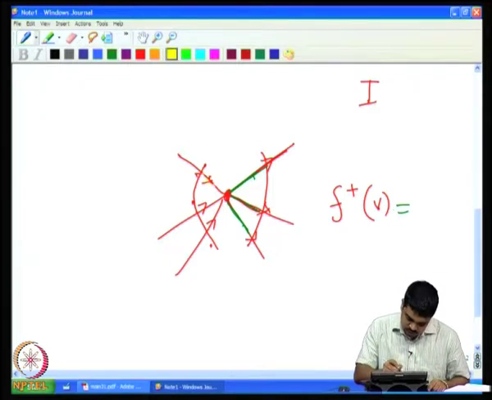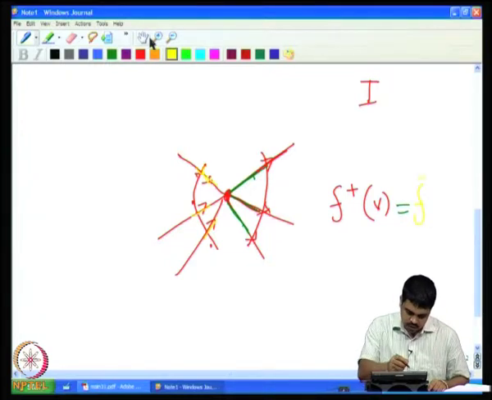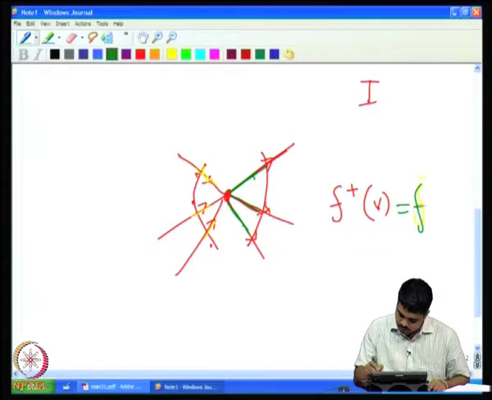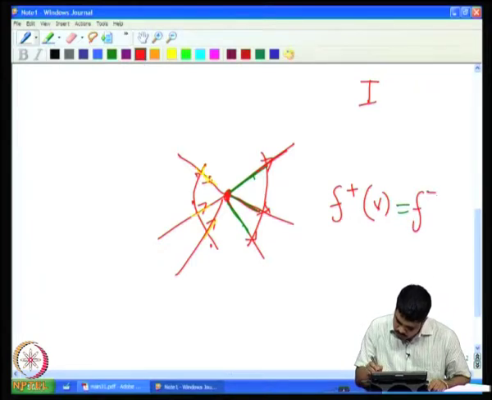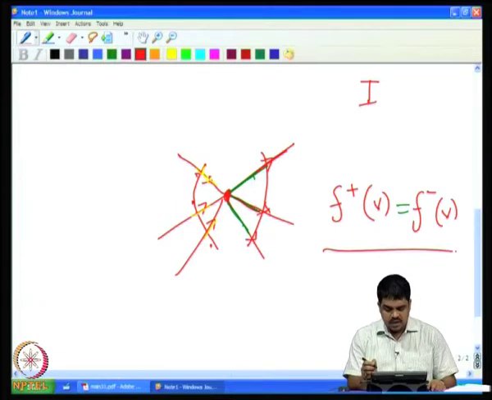So, for instance, these are the incoming edges. When you sum these up, that is f minus of e. This is the condition.